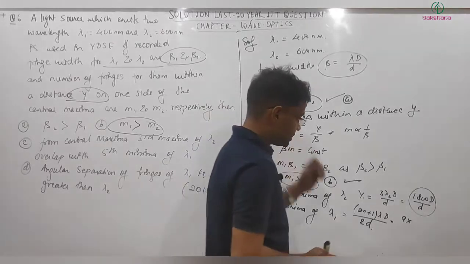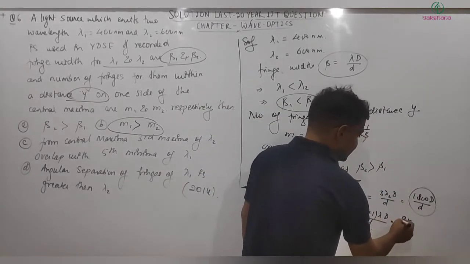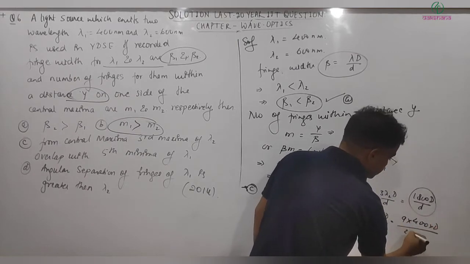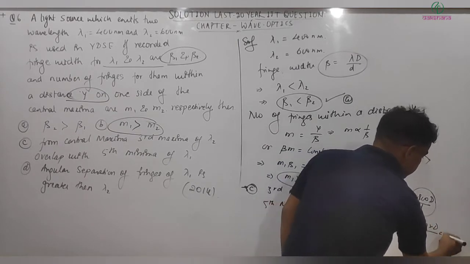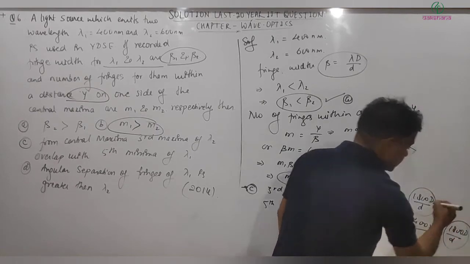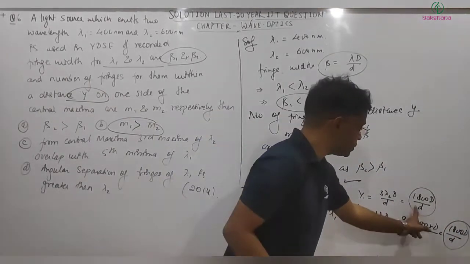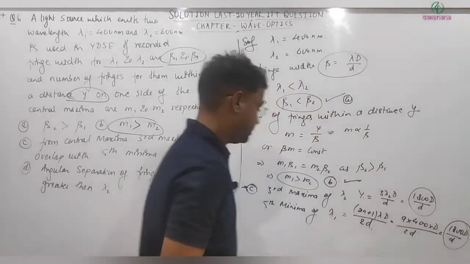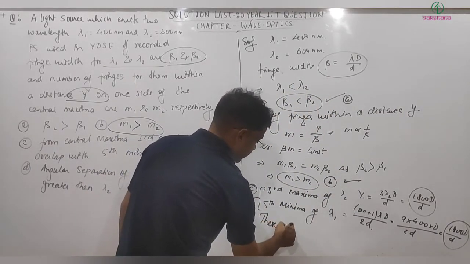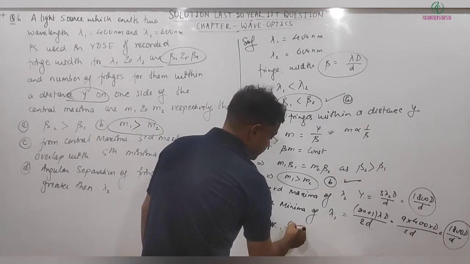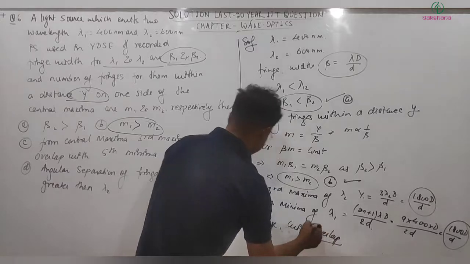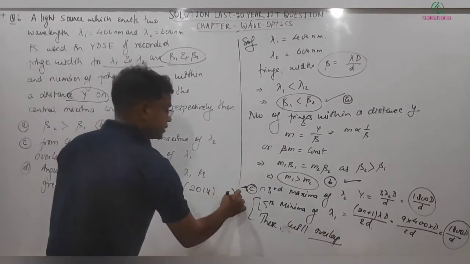So that means it's 9 into 400 into capital D divided by 2 into small d, and this comes out to be 1800 capital D by small d. So these two distances are coming out to be same. So this means these will overlap. That's correct, means C is also right option.